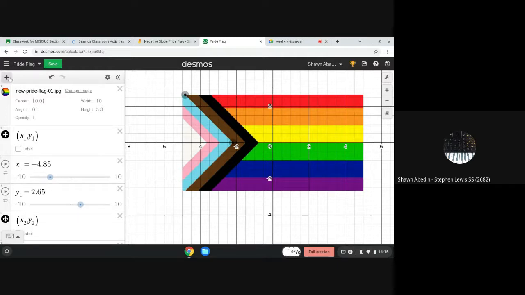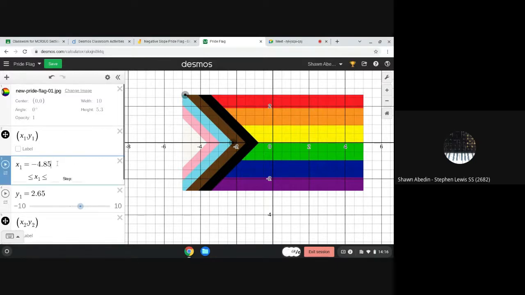an image into Desmos. So here you click the add item, go to image, and then it will prompt you to add some sort of JPEG or PNG. Here I've got the pride flag, and I'm going to show you as well. Here we would start from 0, 0.